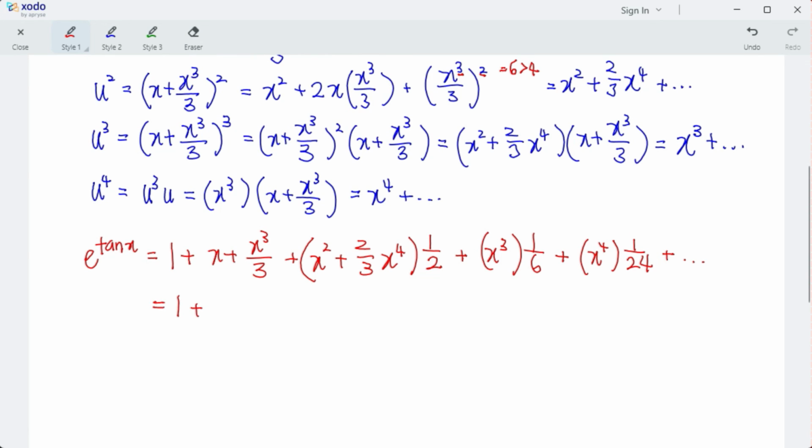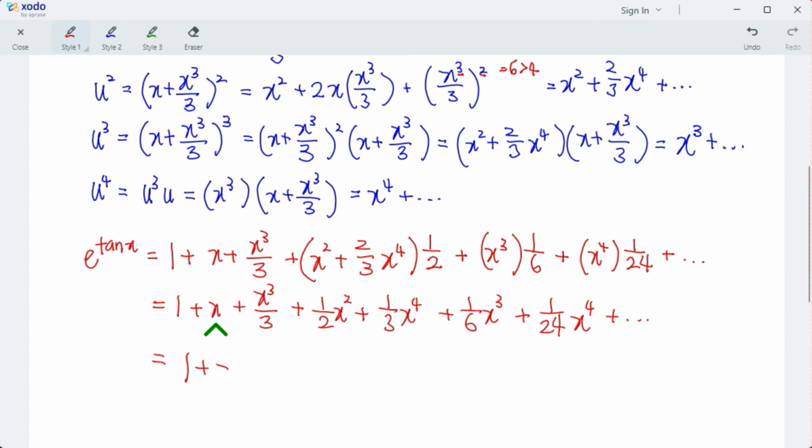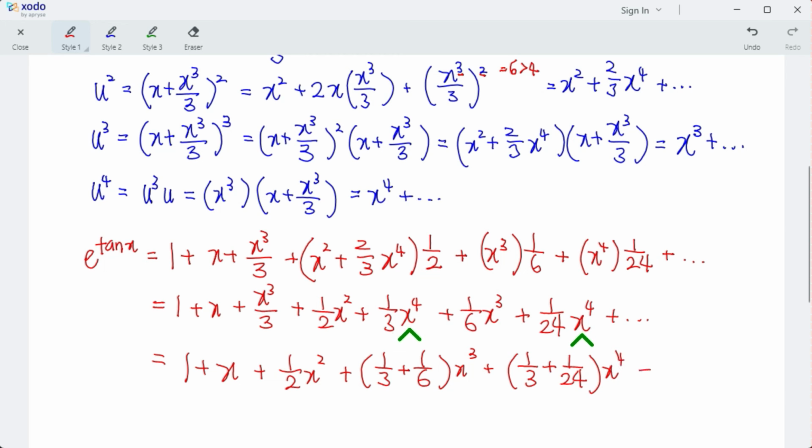So we have 1 plus x plus x cubed over 3 plus 1 over 2 x squared plus 1 over 3 x to the power 4 plus 1 over 6 x cubed plus 1 over 24 x to the power 4 and so on. So this is equal to 1 plus x plus 1 over 2 x squared plus (1 over 3 plus 1 over 6) x to the power 3 plus (1 over 3 plus 1 over 24) x to the power 4 and so on.